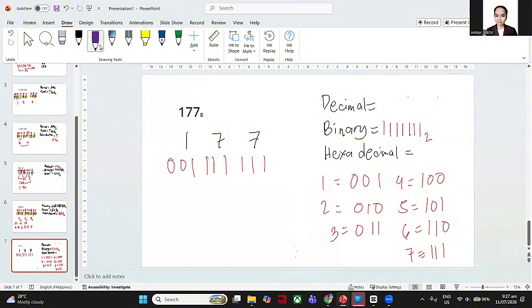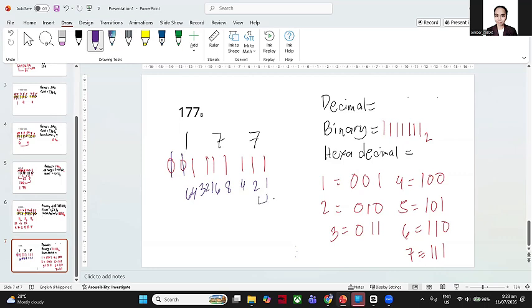So we have 1, 2, 4, 8, 16, 32, 64. We cancel the positions that are 0, our invisible 0, and we add them all because they are all 1.